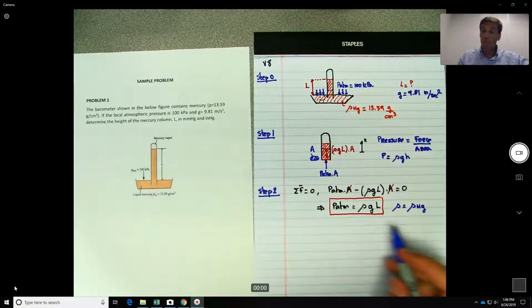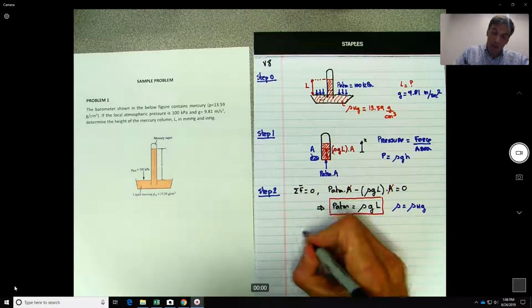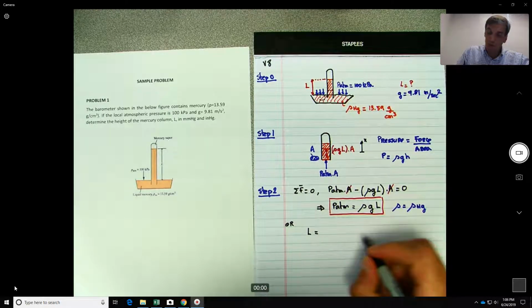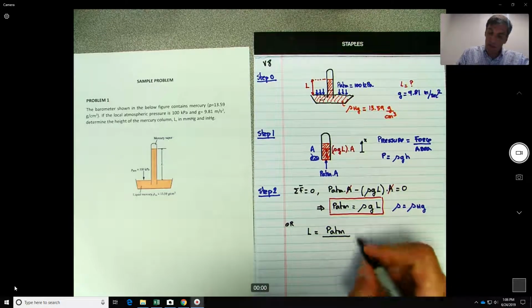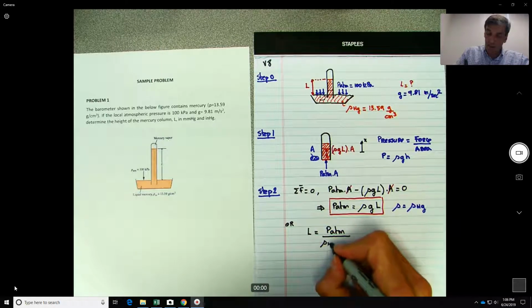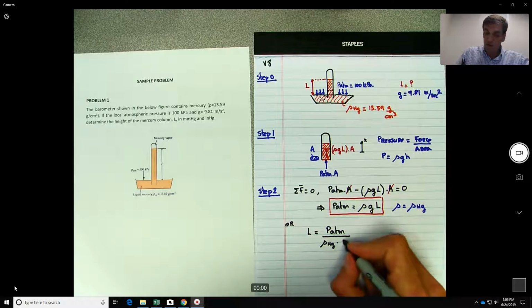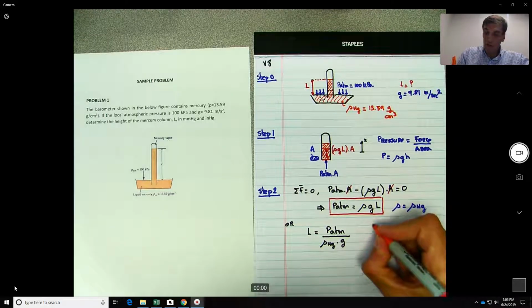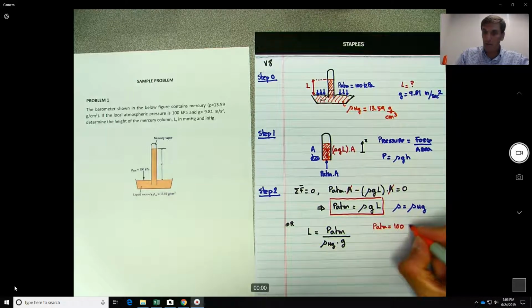Okay, so we got all the equations we need, so we got that equation. And now from here, are we able to solve for L? Or L will be equal to what? P atmospheric divided by density of the mercury times G. Okay, so in this equation, we know that the P atmospheric is equal to 100 kilopascals.